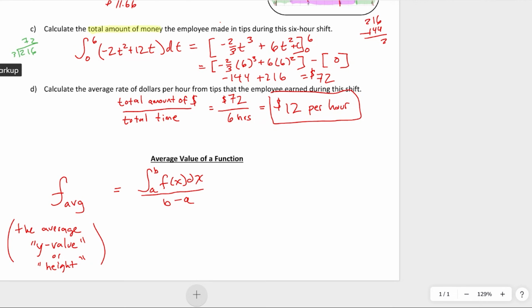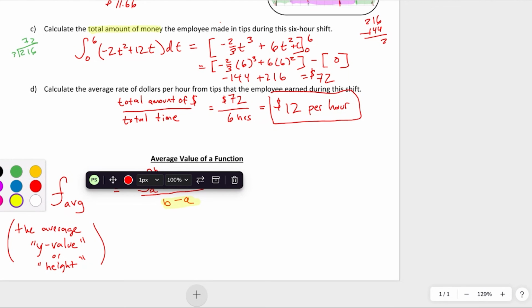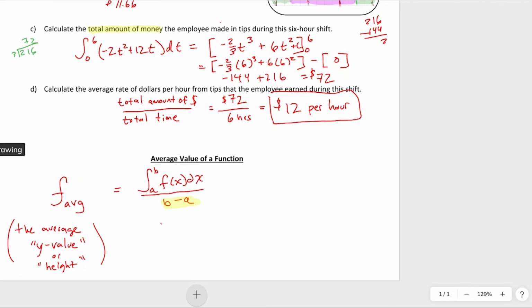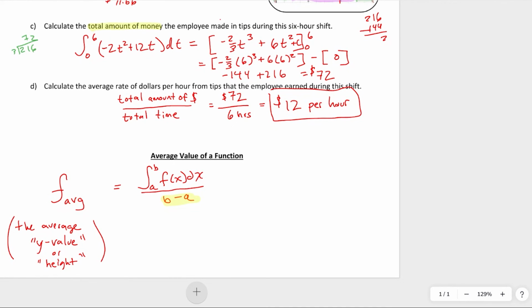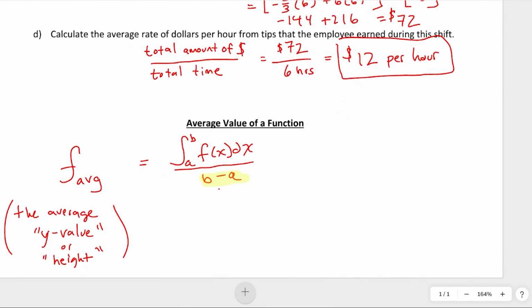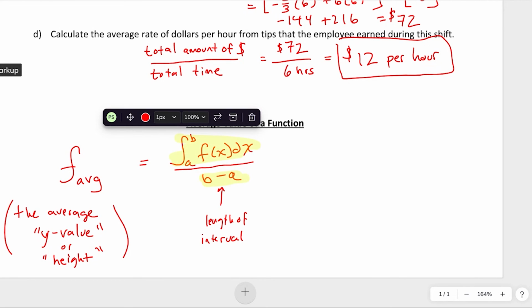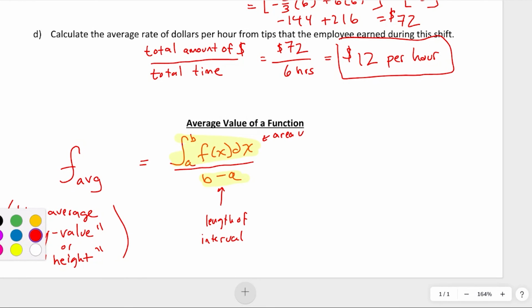All right, and that's what this little thing down here is, right? This is the length of the interval, or like the base length. And then the stuff up top, this part, is the area under the curve.